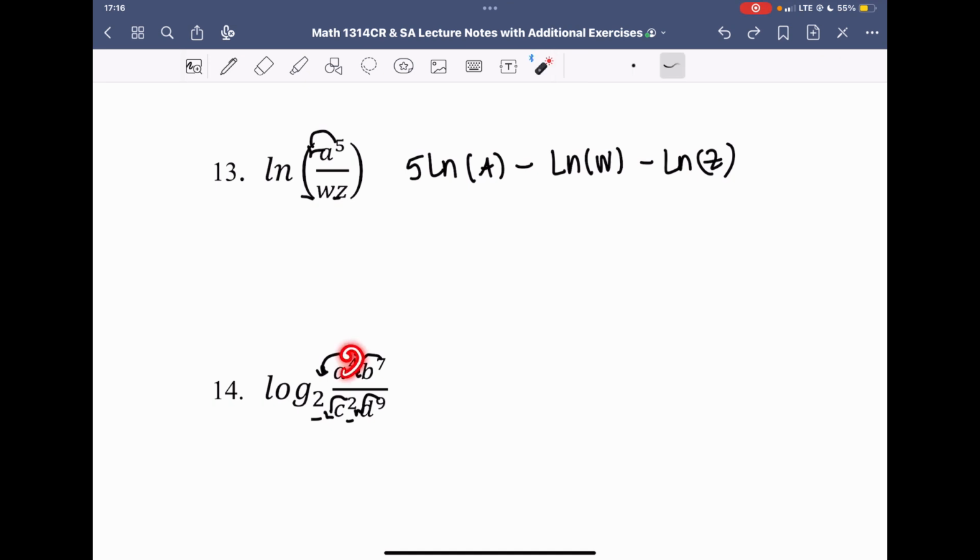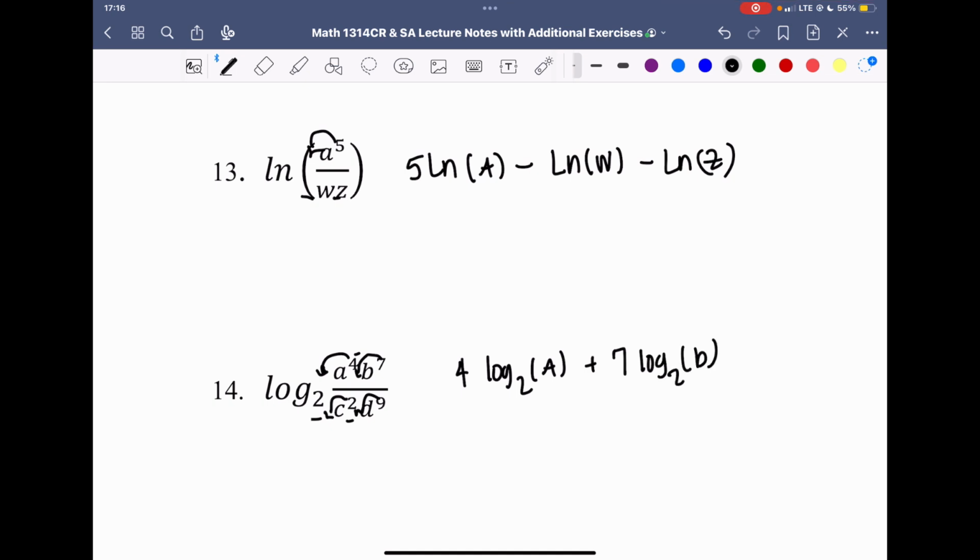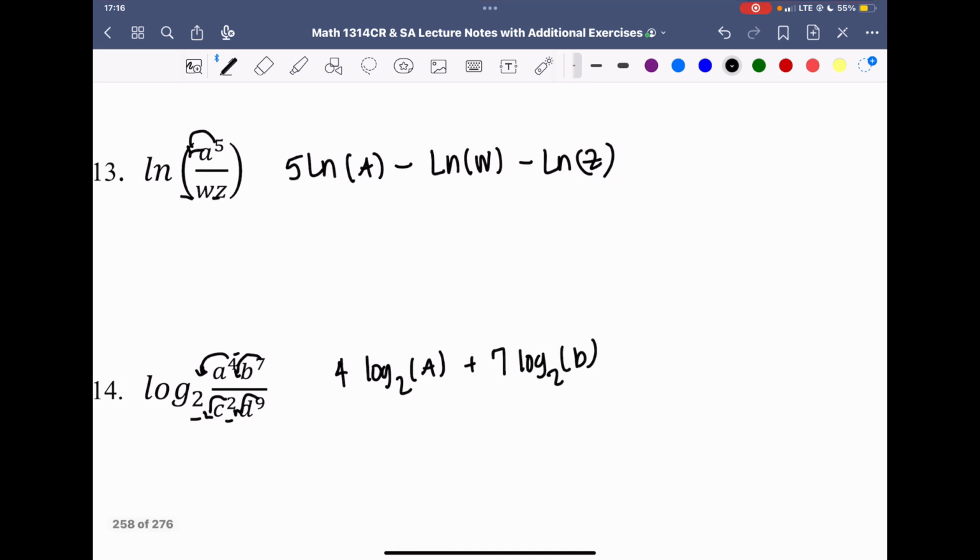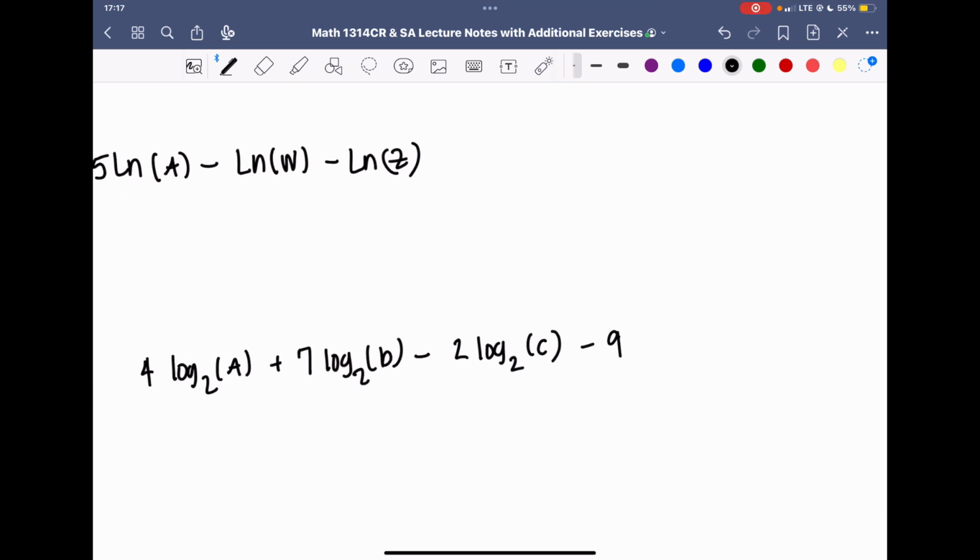The 4 goes out in front. I was thinking about the base, so it's 4 log 2a plus 7 log 2b minus 2 log 2c minus 9 log 2d.